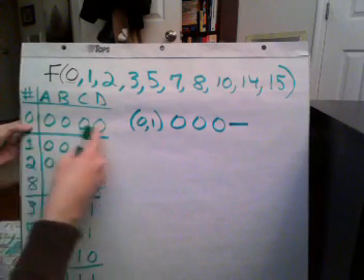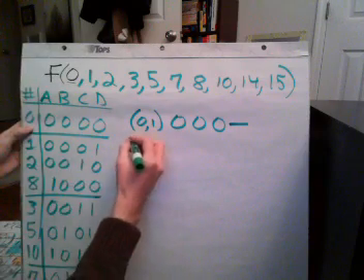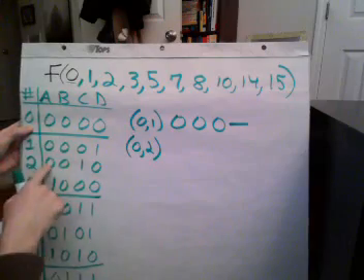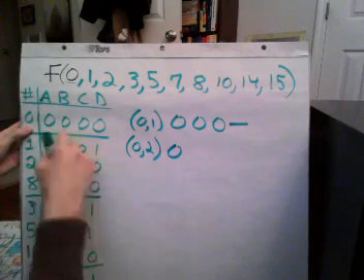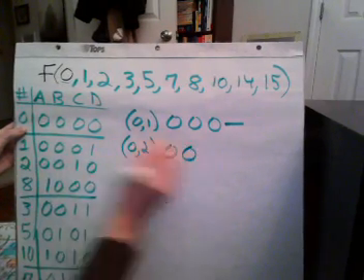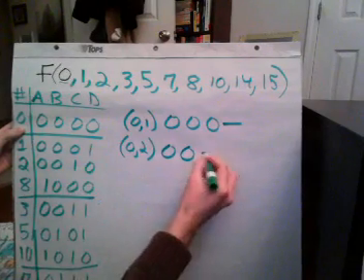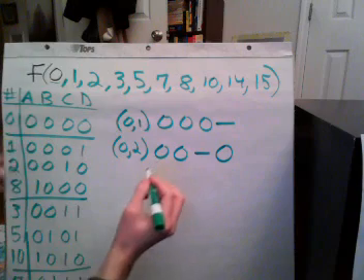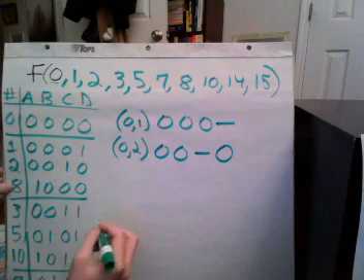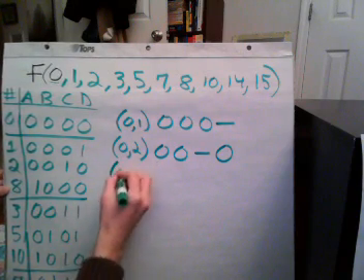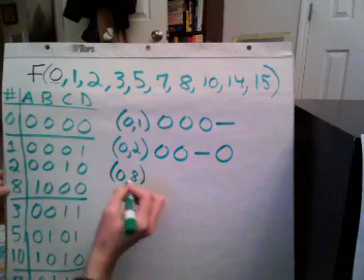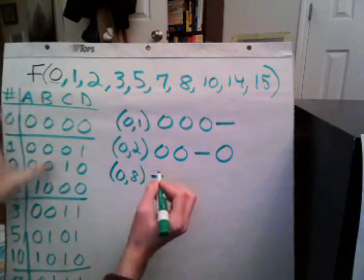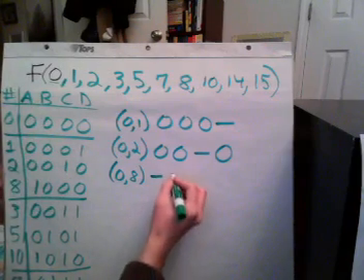So I have 0 and 2 now, which is 0, 0, dash, 0, where the changing digit becomes a dash. I'm going to do the same thing for 8. So I have 0 and 8. The very first value is going to be a dash, and all of the rest are going to be zeros.